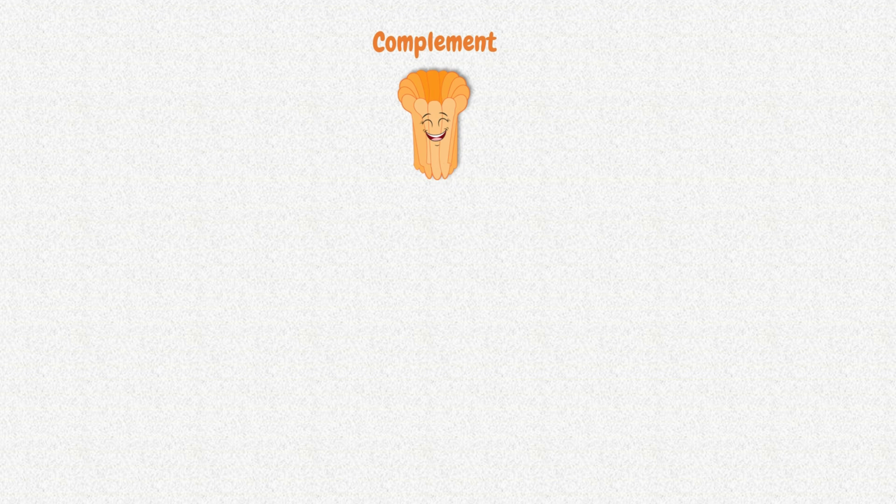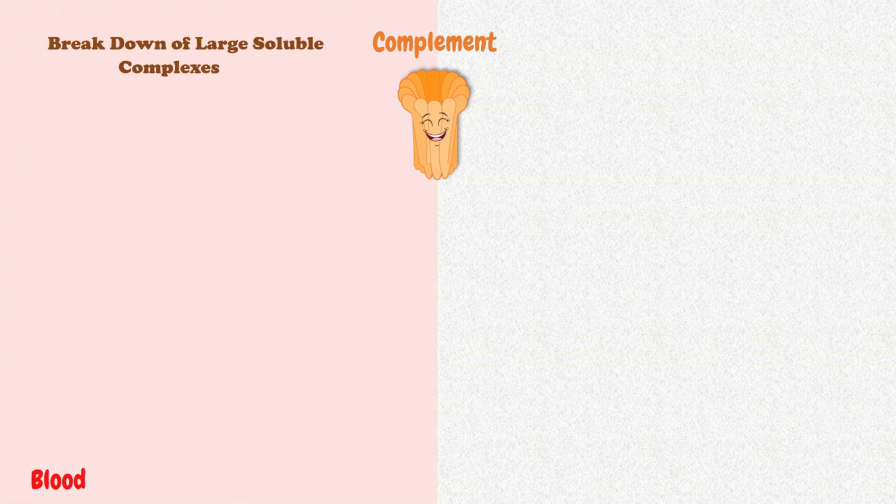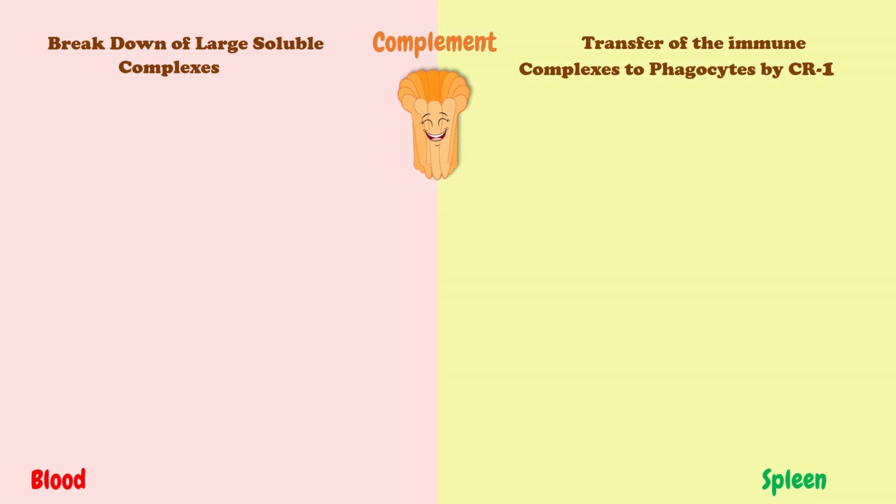There are two ways by which complement helps in clearing the immune complexes. Firstly, by the breakdown of large soluble complexes, and secondly, by the transfer of the immune complexes to phagocytes by complement receptor 1. Now, let's see how this works. So, the first one, where complement breaks down the large soluble complexes.